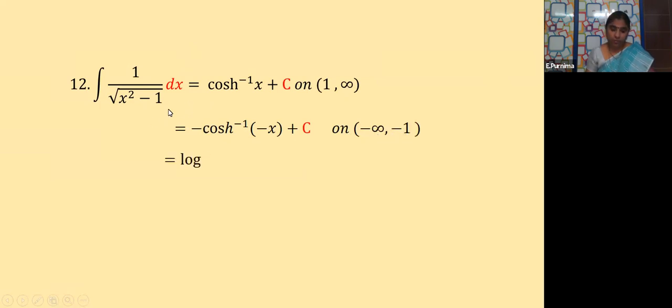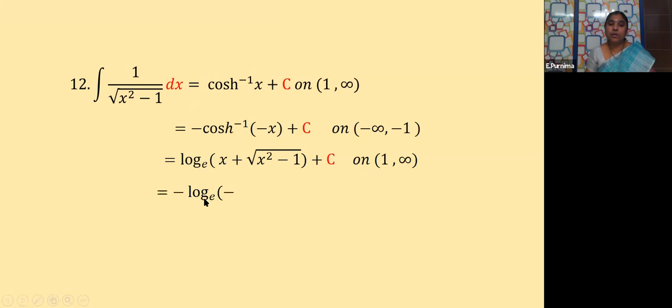And one more formula is there: log base e of x plus under root of x square minus 1 plus c. What is the interval here? 1 comma infinity. Next, minus log base e of minus x plus under root of x square minus 1 plus c on minus infinity comma minus 1.